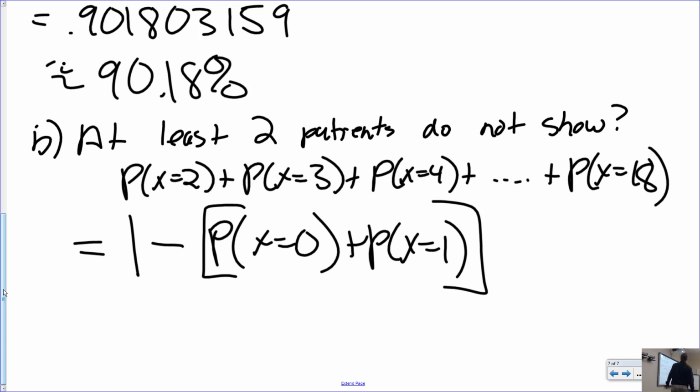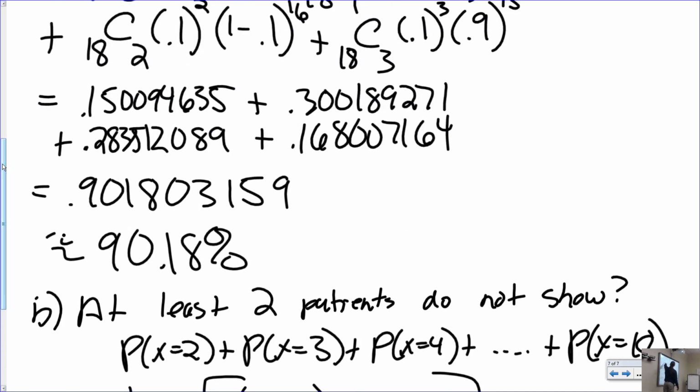Because you don't want to have to calculate 2, 3, 4, 5, 6, 7, 8, 9, 10, 11, 12, 13, 14, 15, 16, 17, and 18. That would suck. Okay? And the cool part about it, folks, is that we've already calculated x equals 0 and x equals 1. We did it in the last problem right up here. So we can already answer this one in one fell swoop, right?